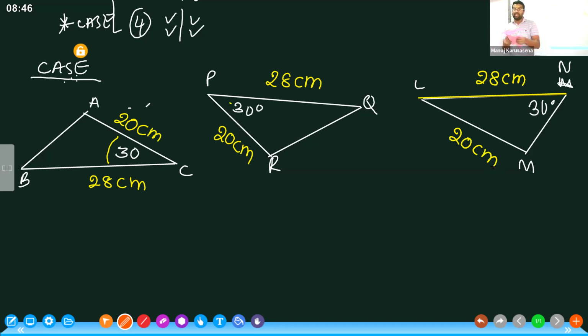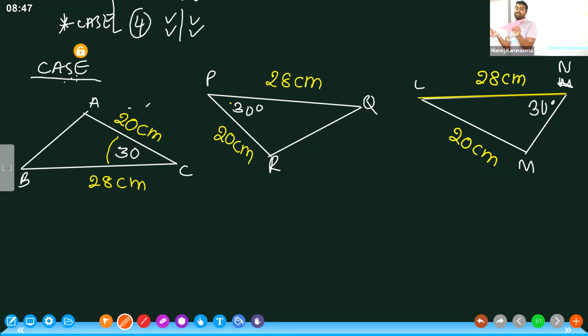All three triangles have a 28 centimeter side. This side is equal to this side. So all these triangles are having a side which the length is 28 centimeters.